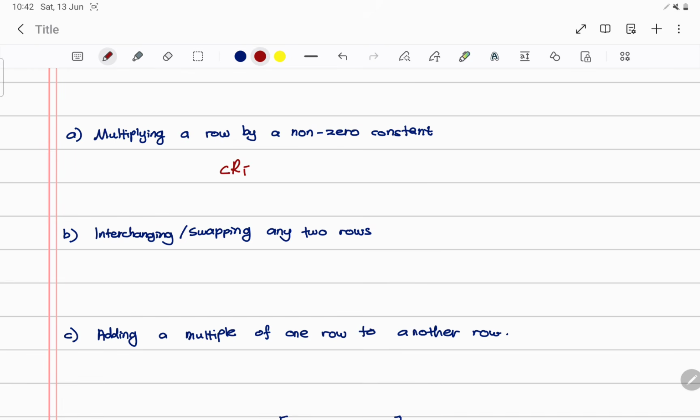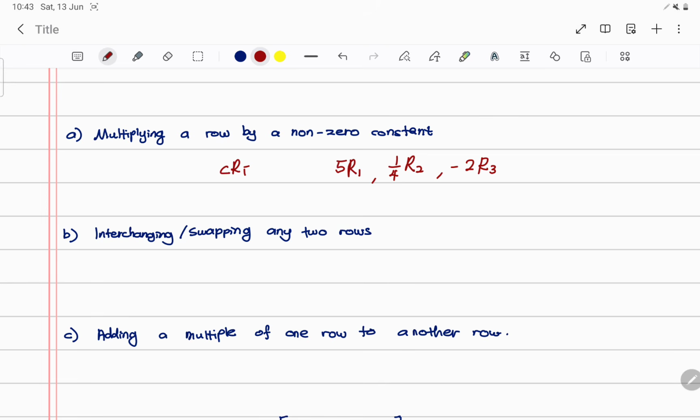I'll give you an example. If you want to use this, c is a non-zero constant. By right, you cannot use the constant equal to 0. Other than that, you can use, let's say, 5 multiplied with the first row, 5R1. Or let's say you want to use 1 over 4 multiplied with row 2, also can. Or negative 2 multiplied with row 3, also can.